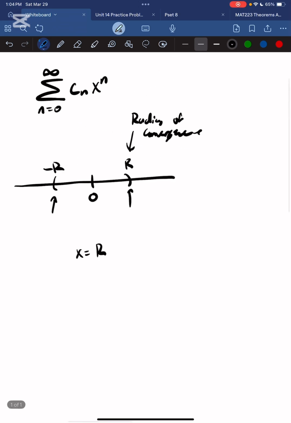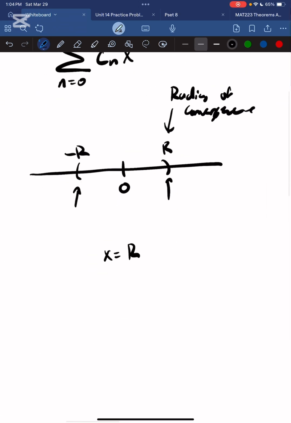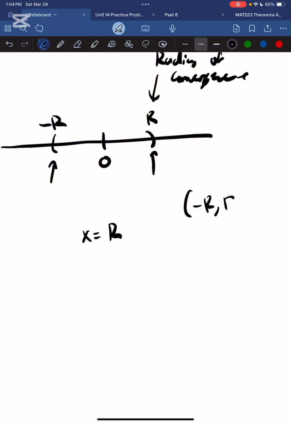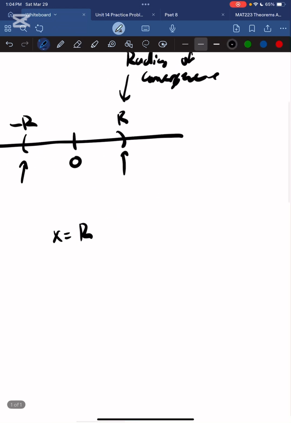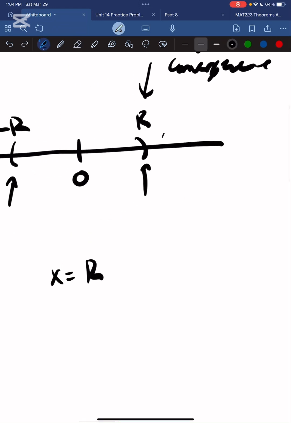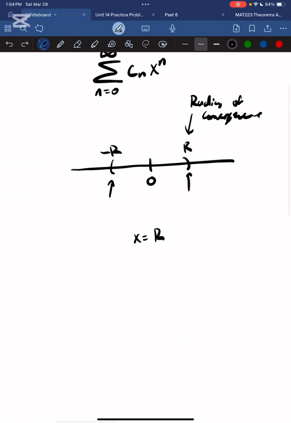It could be convergent or divergent. But everything within negative R to R is absolutely convergent, and everything outside is divergent. It's just at these endpoints that it could be either.